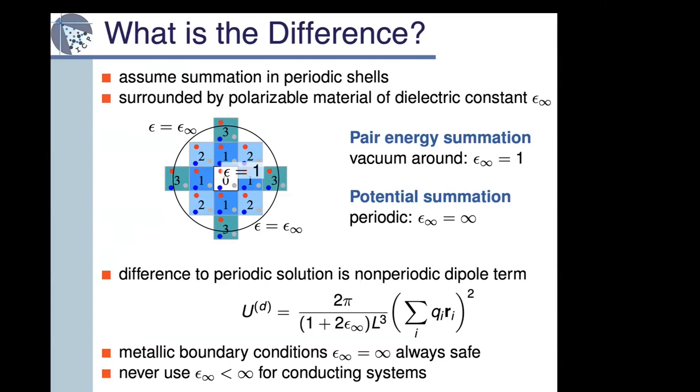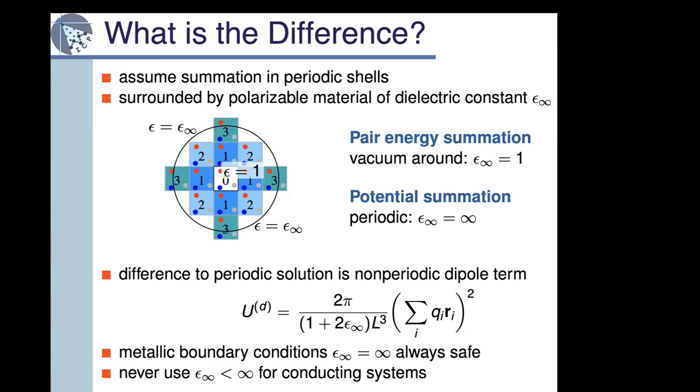And the dipole term in the standard lattice sum has this form, that is 1 over what's called the boundary condition at infinity. So the idea is you sum up charges where something at infinity might have the same or a different epsilon. So epsilon is the relative dielectric constant. And there has been the saying, well, if you use metallic boundary condition, then you assume that you're surrounded by metal.